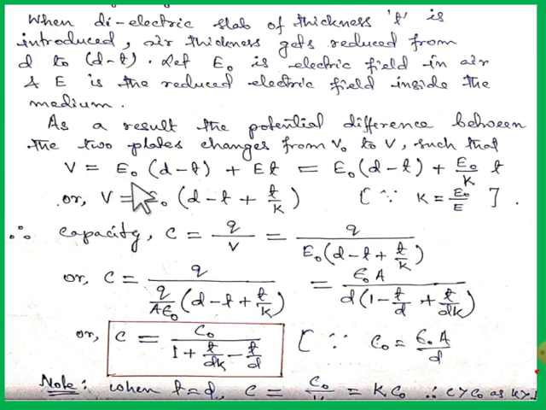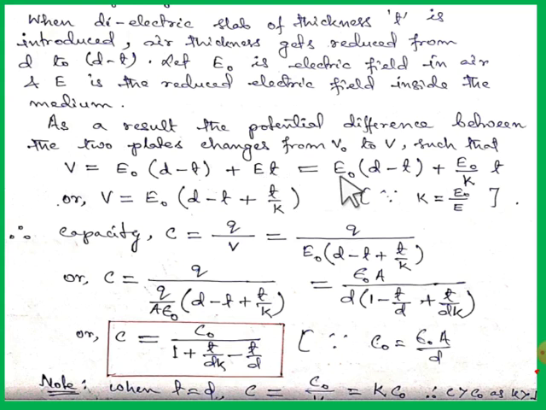So your potential difference where there is no dielectric medium will be equal to E naught times the distance where there is no dielectric medium, that means D minus T, and this is the portion of the potential difference due to that dielectric medium of thickness T. So E into T, where E is the net electric field in that dielectric medium.